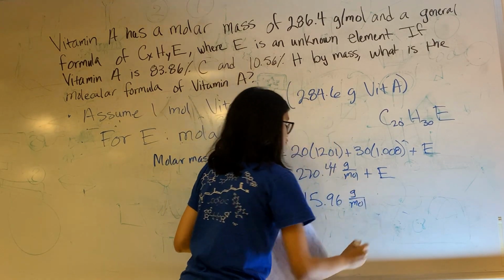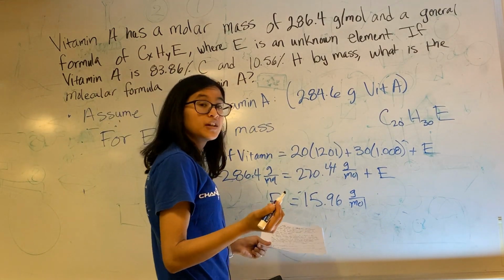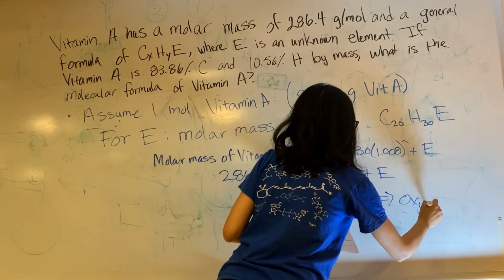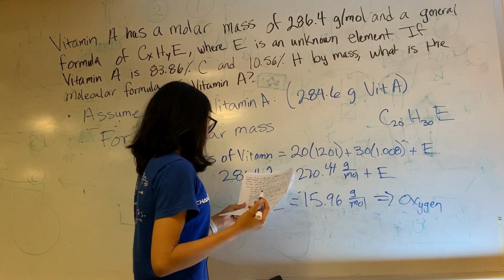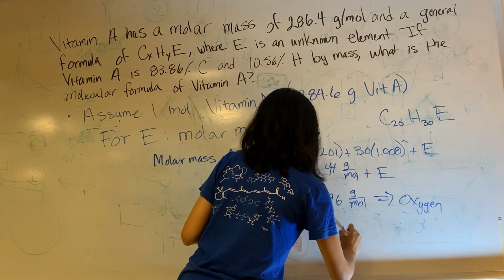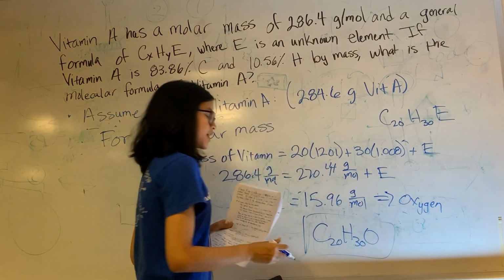And if you look up the periodic table, we know that oxygen is around 15.999, so that is closest to oxygen. All right, so that means our full formula is C20H30O. And there you have it.